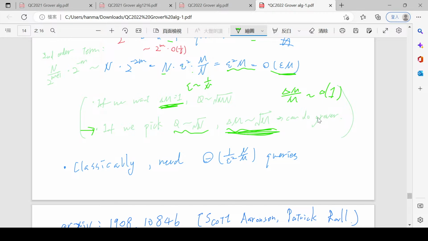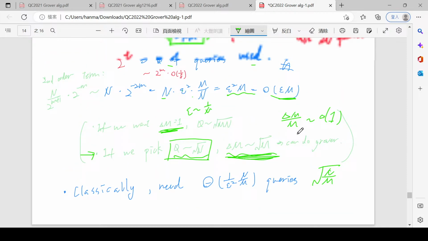But okay, so let me try here. Okay, so you can see that this is what the textbook gives. But you can see that this is quite bad, right? Because you need q equals square root n. But what we actually want is q equals square root n over m, right?